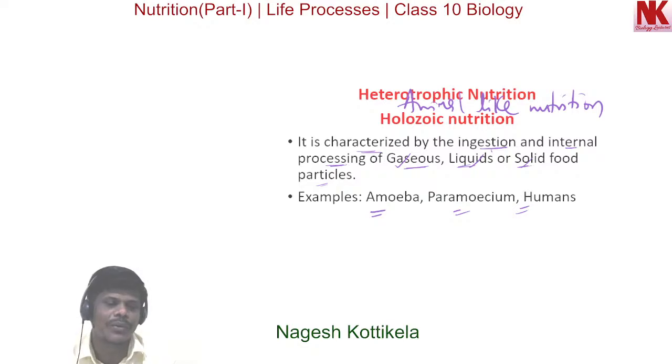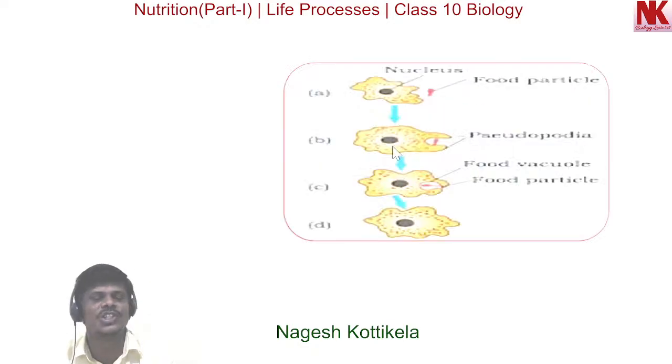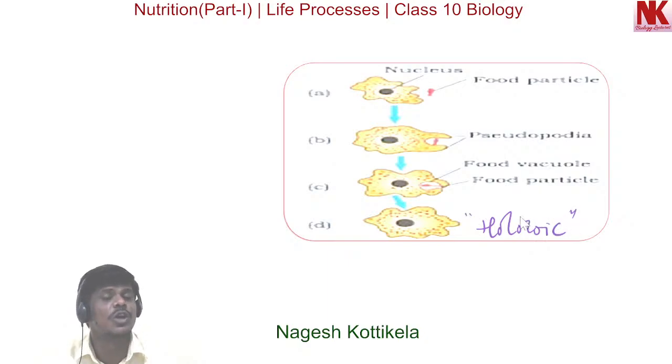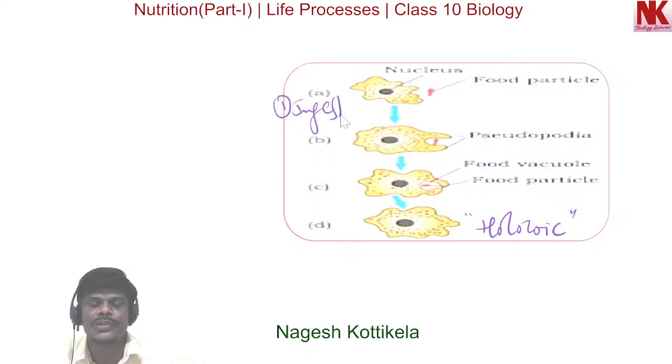Let's discuss the mode of nutrition seen in amoeba. As we discussed, in amoeba, holozoic nutrition is seen. The holozoic mode of nutrition is also called animal-like nutrition. In this mode of nutrition, we find important steps. One is ingestion, the first step.